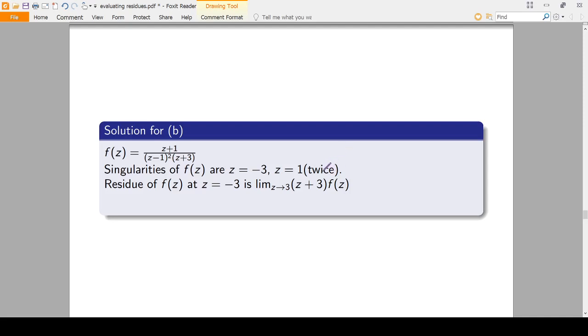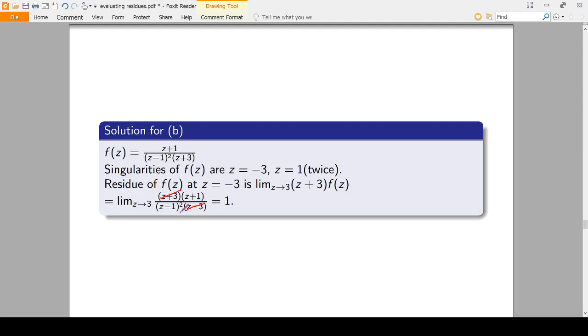And as usual, to evaluate the residue at z is equal to minus 3, I multiply f of z with z plus 3, and z plus 3 gets cancelled in the numerator as well as in the denominator, and that gives you 1.